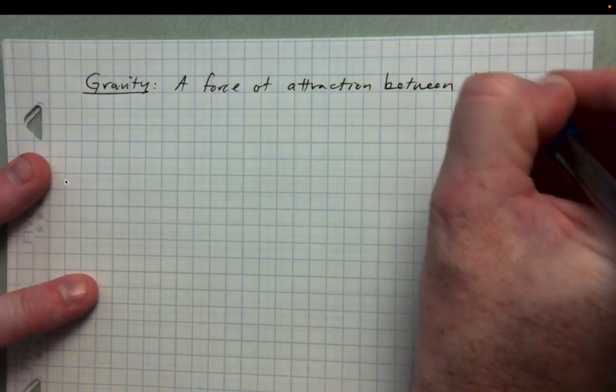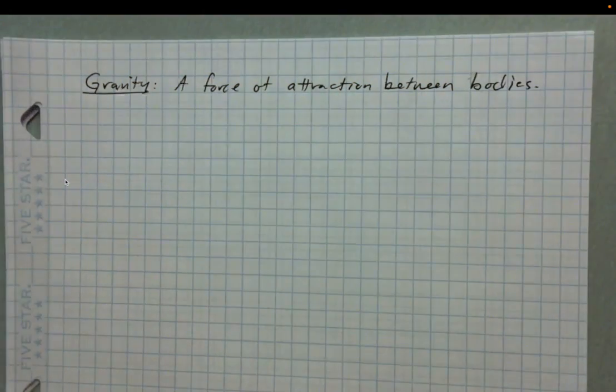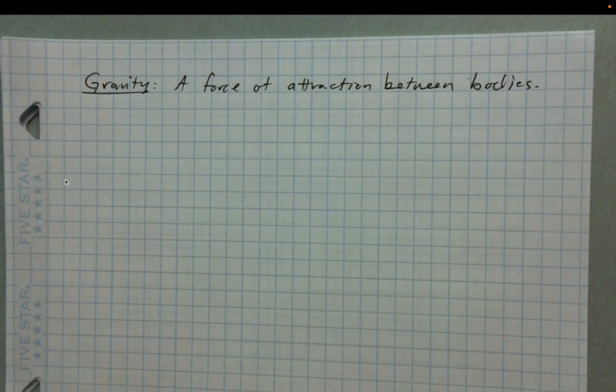Okay, so obviously the force is most apparent between the Earth and objects near the surface of the Earth, but it's not true that only the Earth has gravity. All objects exhibit gravity. It just happens to be quite weak unless the body in question is very massive, such as the Earth. Right?